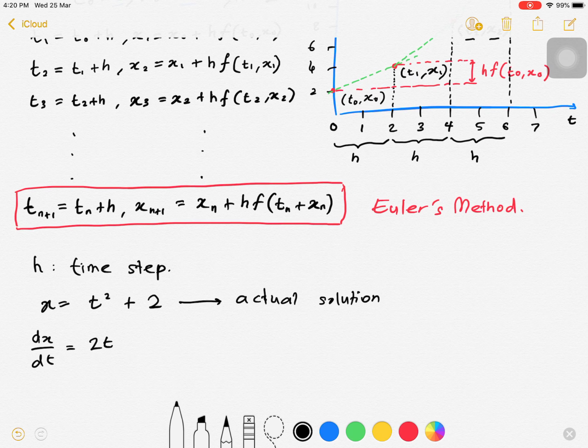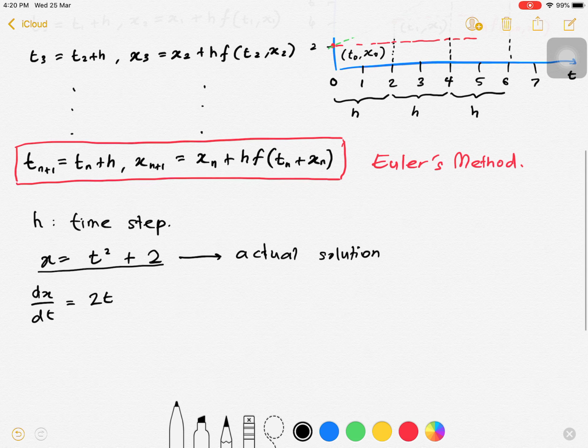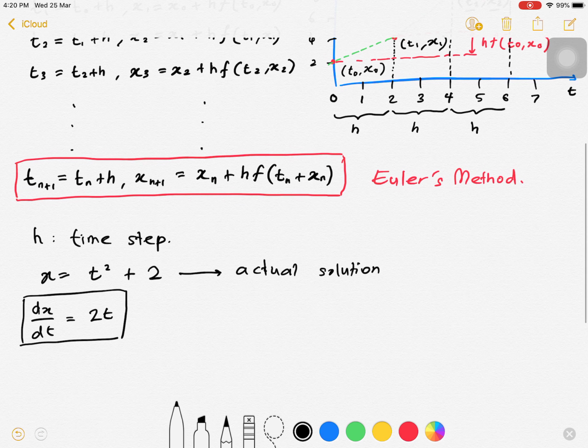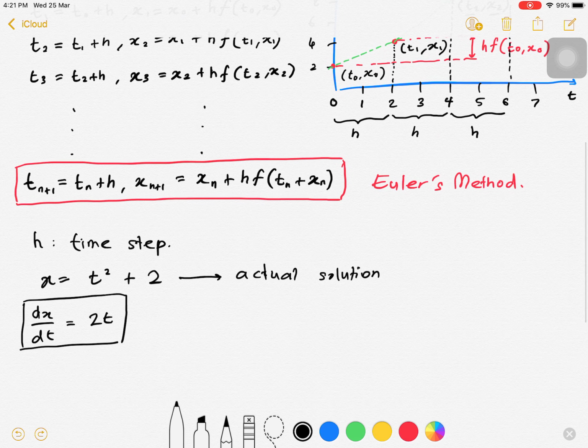So when we know the answer, from this equation, when we integrate it, we can find the actual answer. But instead of using the normal integration, we can use the numerical method to find the x curve of this equation, by using the numerical solution.